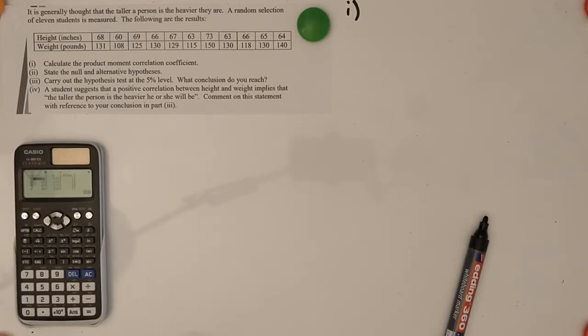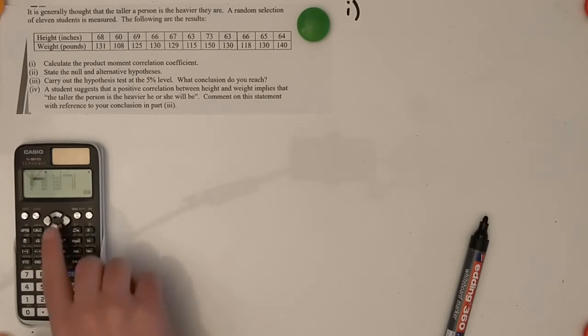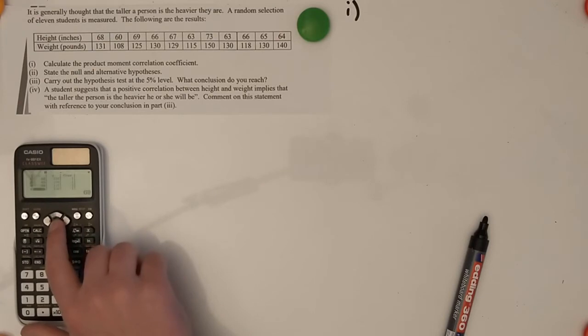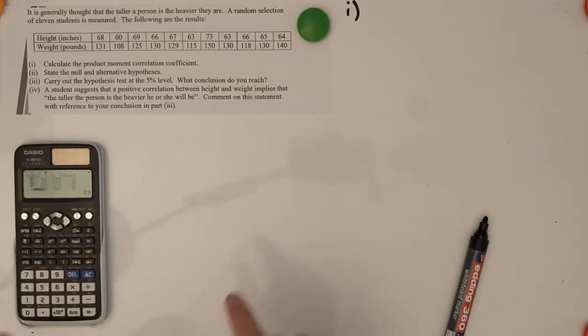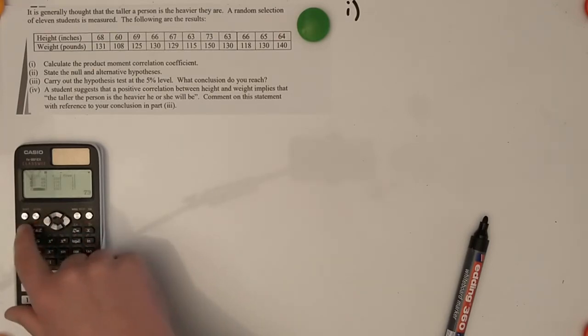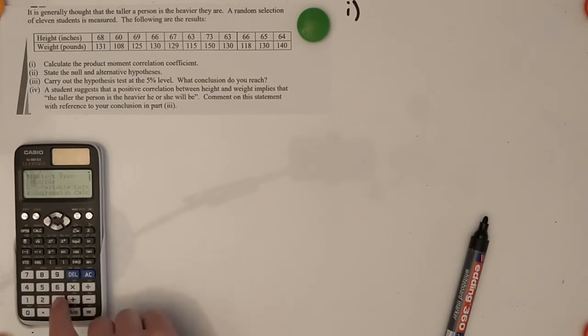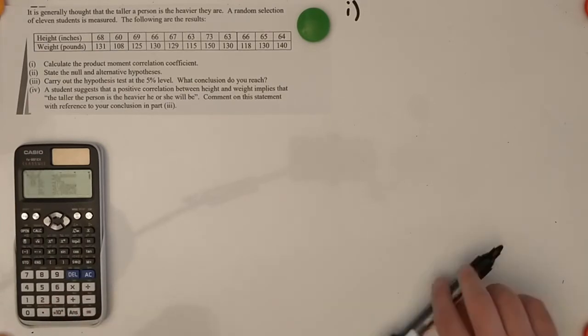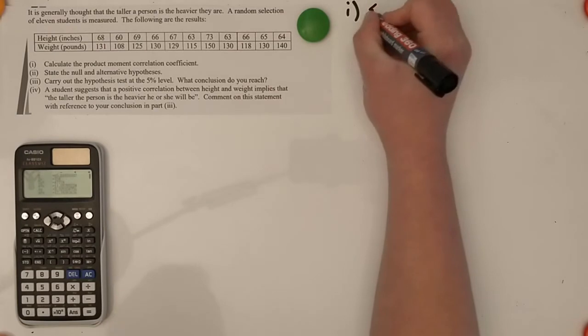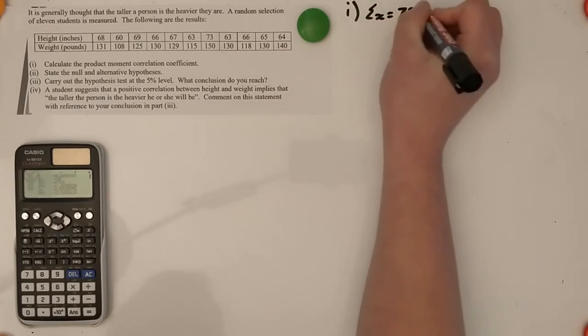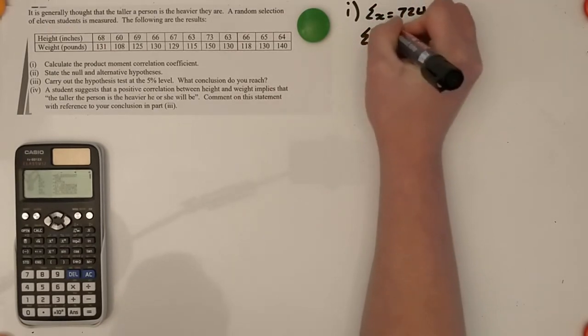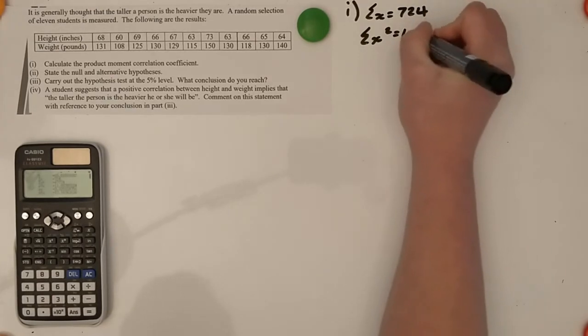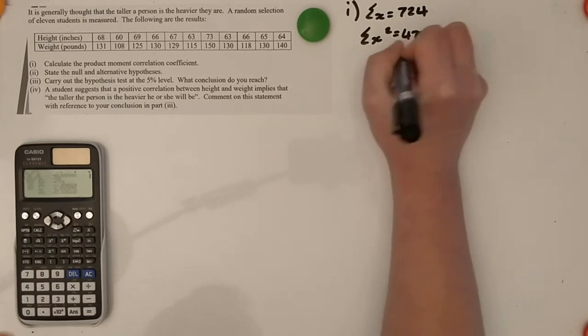So because we've got some raw data, we need to get some summary stats. To save time, I've already typed these in. So menu 6, 2, type the data in, and then once we've got the data, option and 3. So I've got sum of x equals 724, sum of x squared equals 47774.